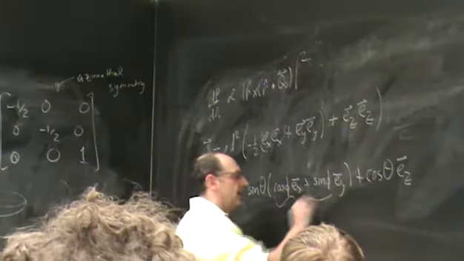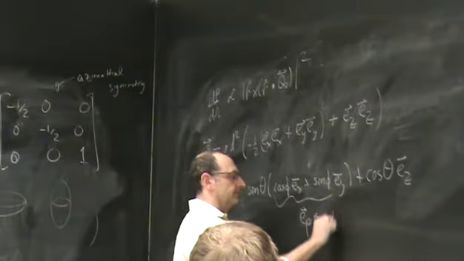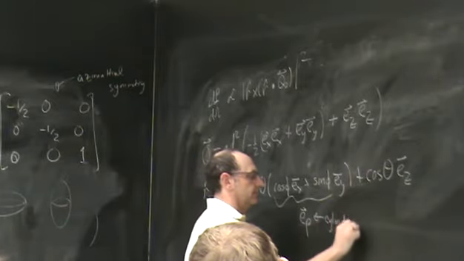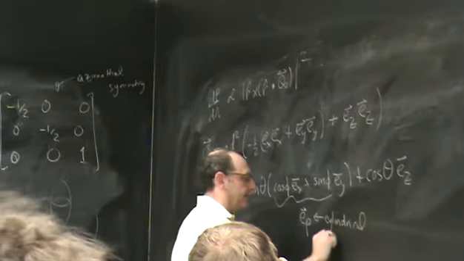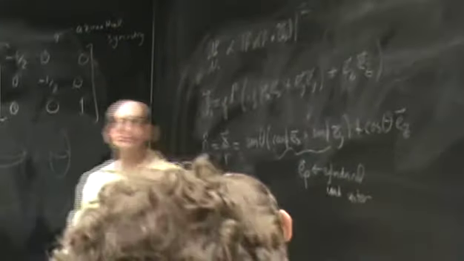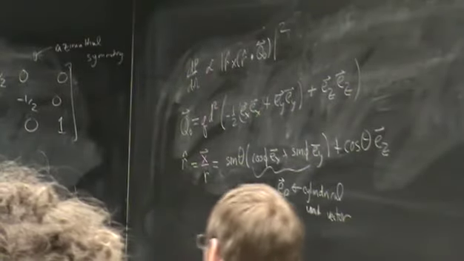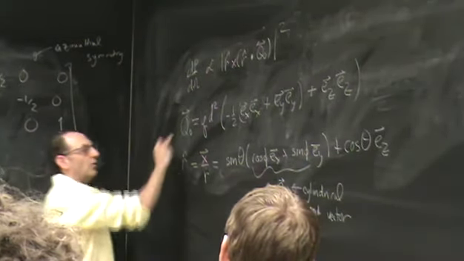This is the radial part, the cylindrical unit vector in the XY plane. Okay? So now I have to take the dot product of Q with this.